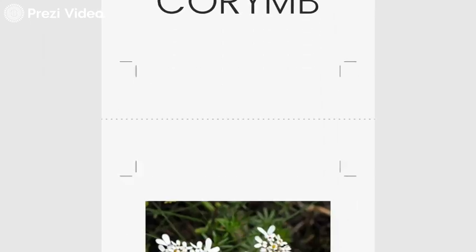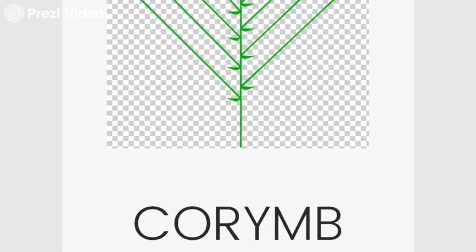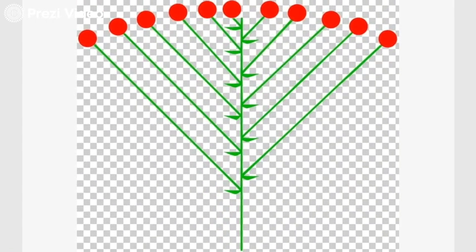This can be better observed in the typical example of a corymb inflorescence, which is the candytuft flower. In a candytuft flower, if you look at the inflorescence from the top, you will see that the youngest flower appears to be at the center, although it is at the top in terms of reference point.